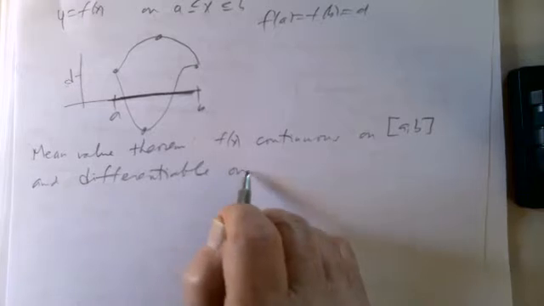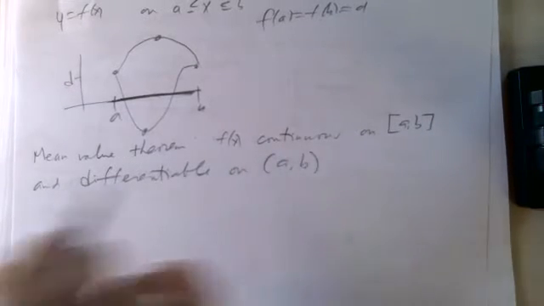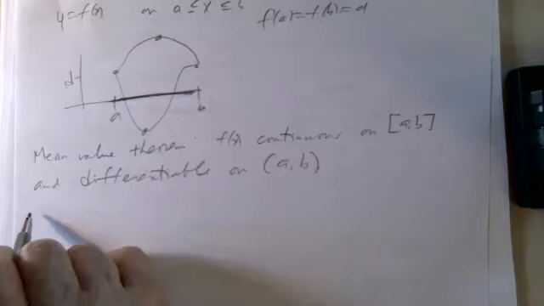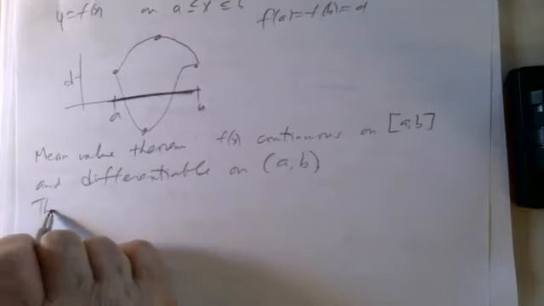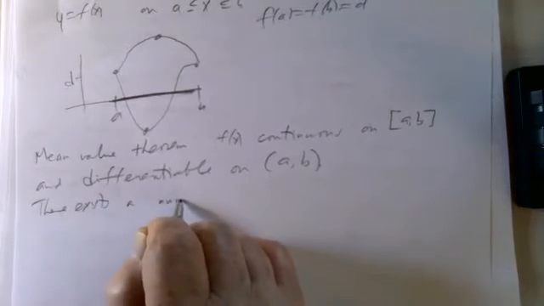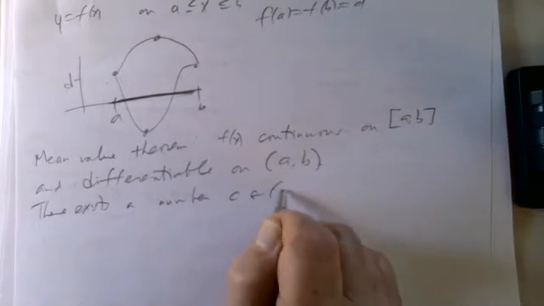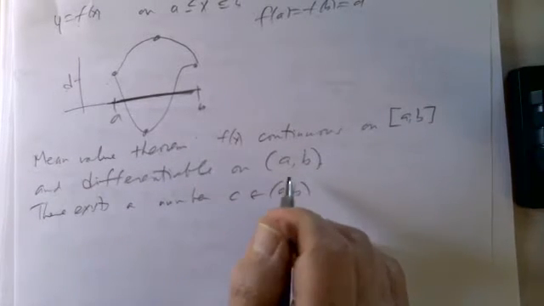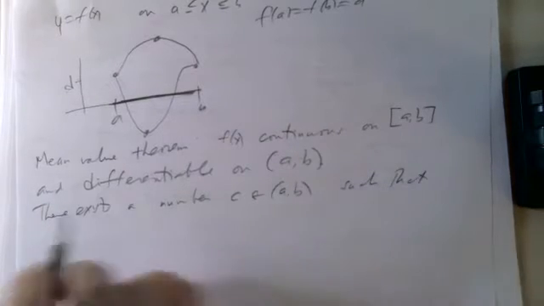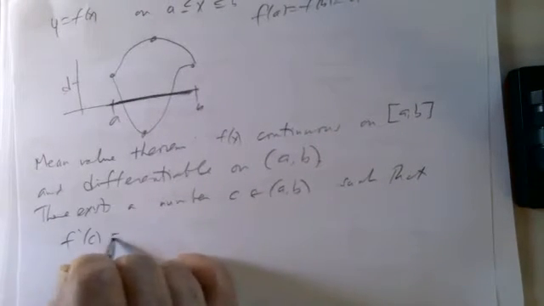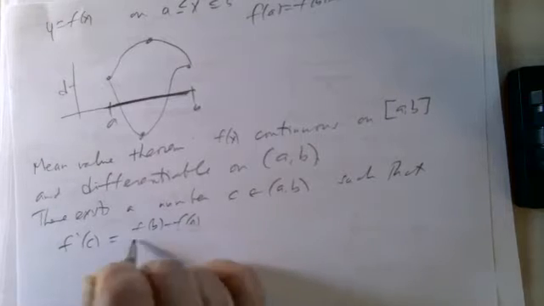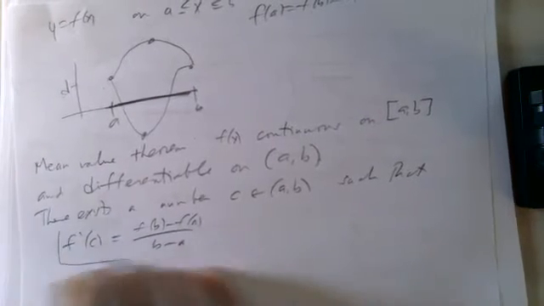And it's differentiable on the open interval from a to b. The mean value theorem says there exists a number c in the open interval from a to b such that f prime of c is equal to f of b minus f of a over b minus a.